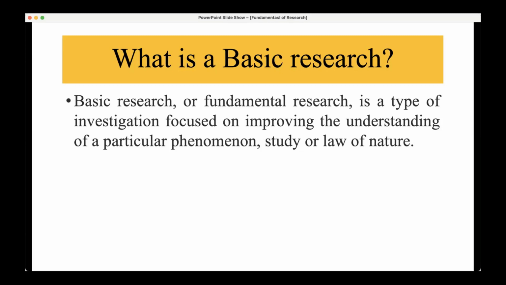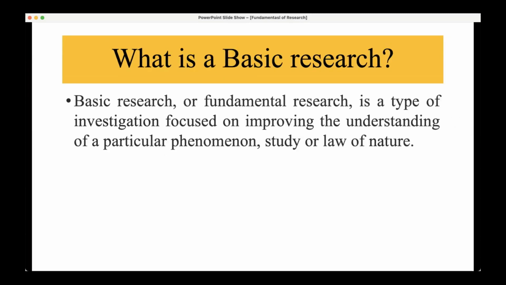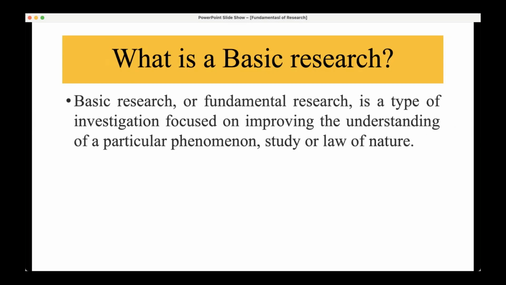That is based in the basics. So these two are differences between the researches in MPhil and PhD.